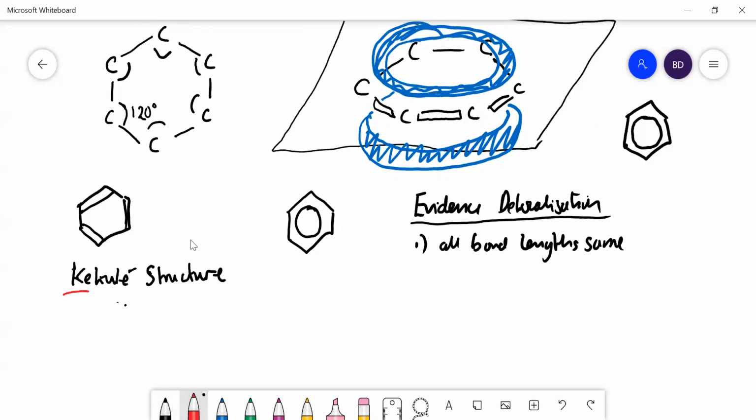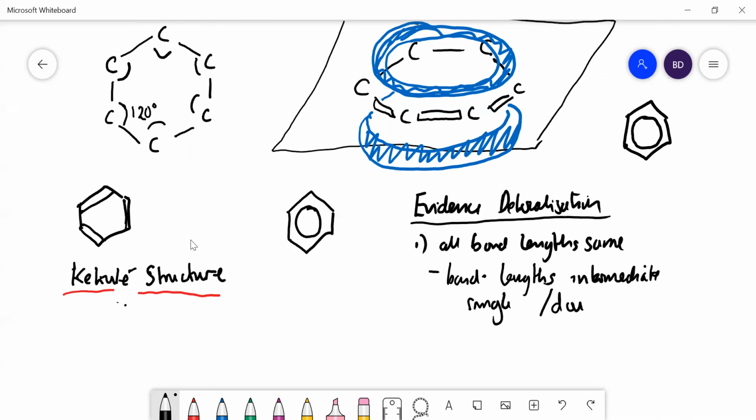If this was the structure, with alternate single and double bonds, double bonds are shorter than single bonds, and so you'd expect not every bond to be the same length. You'd expect a short one and a longer one. Also, the bond lengths are intermediate between single length, which is longer, and double, which is shorter. So that's another bit of evidence.